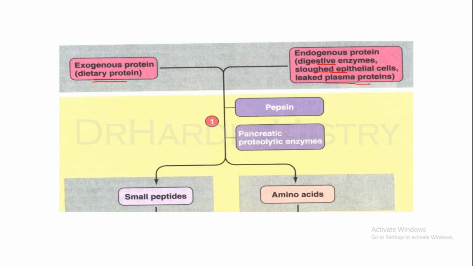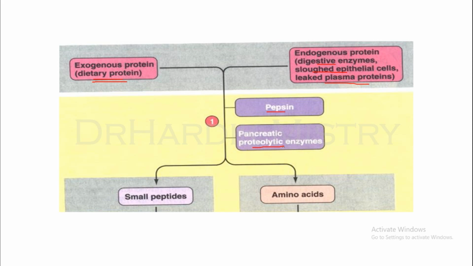So there are two sources of protein material: first exogenous protein and second endogenous protein. These are acted on by the enzyme pepsin and pancreatic proteolytic enzymes, which include trypsin, chymotrypsin, and procarboxypeptidase.